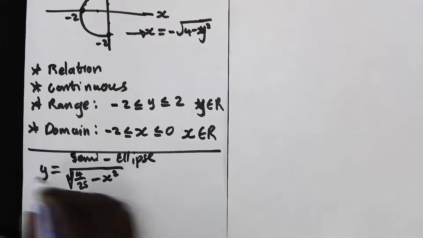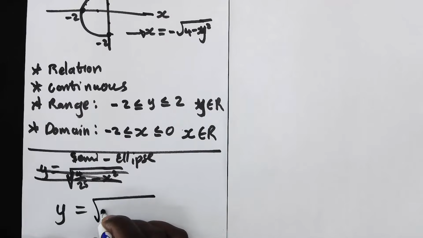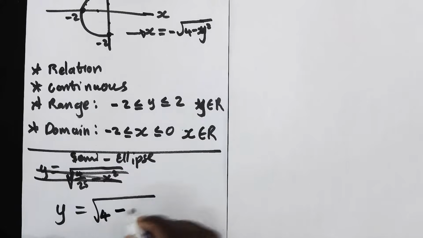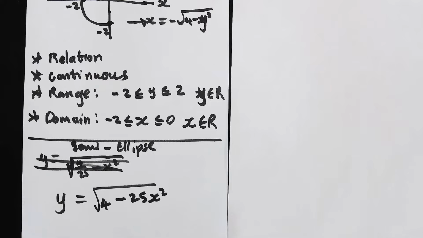In fact, let me put it nicely here. Let me put the 25 here. So I wanted to put it this way: y equals the square root of 4 minus x squared over 25.